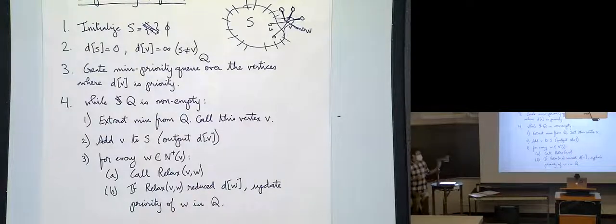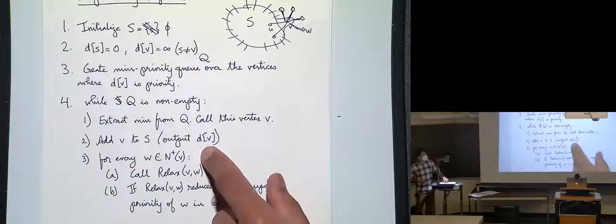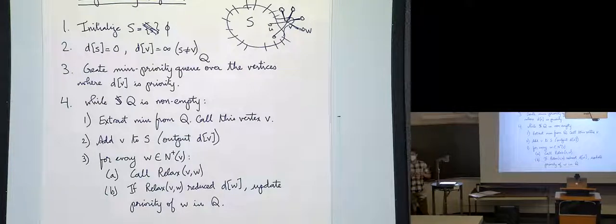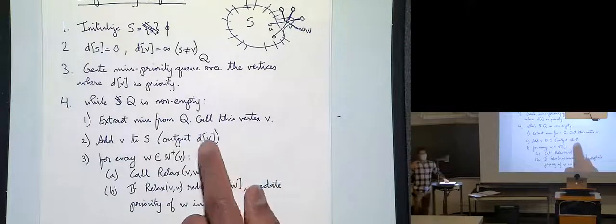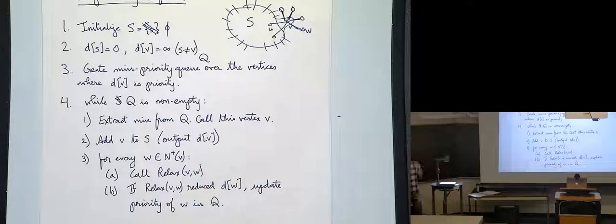Another way is to output the predecessor pointer according to the relax operation. I'm being a little sloppy about the output itself, but the predecessor pointers maintained by relax will be the shortest path tree. My point simply is that at this point, whatever dV is, it's the shortest path distance.